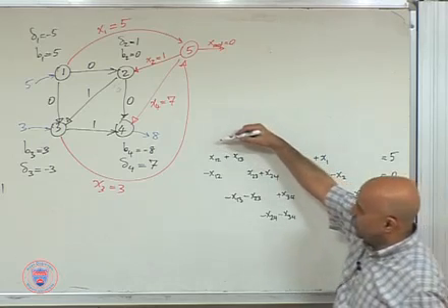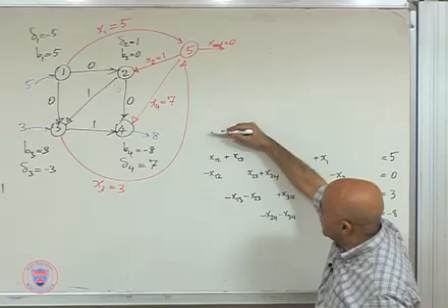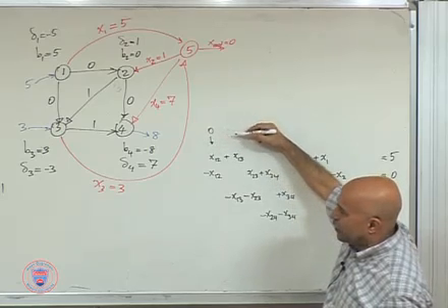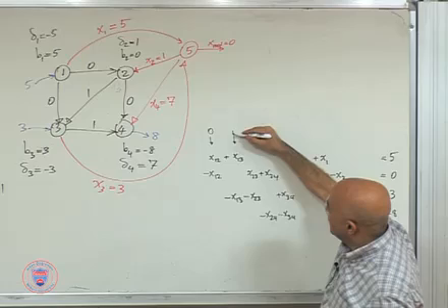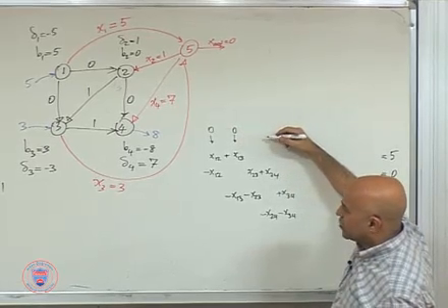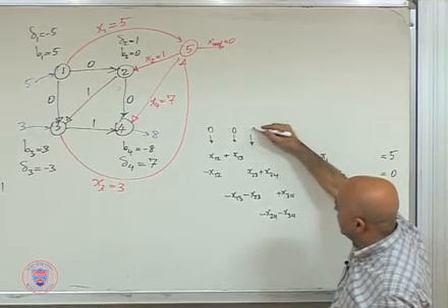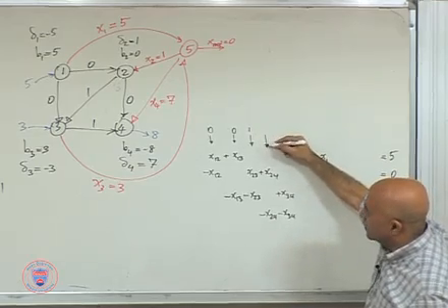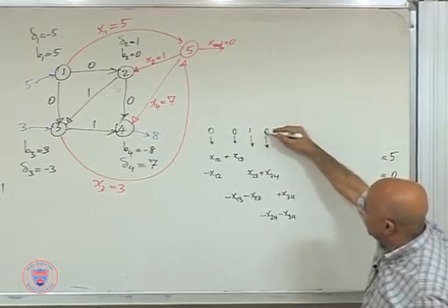Now, what was the value for x12? x12 is 0. x13 is 0. x23 is 1. x24 is 0.